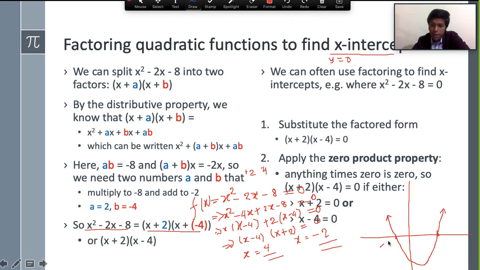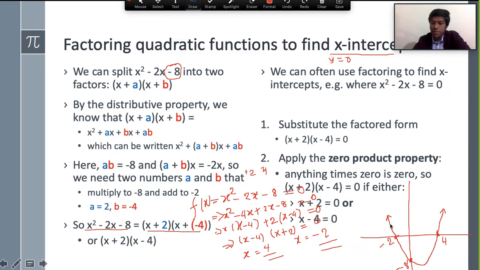This is our minus 2, this point. This is our plus 4, this point. And what is this point? This is the y-intercept, and we can see the y-intercept is minus 8. Because if x equals 0, then what is the value? That is the y-intercept. So you see, this actually helps us even in the drawing of the graph also. Okay.